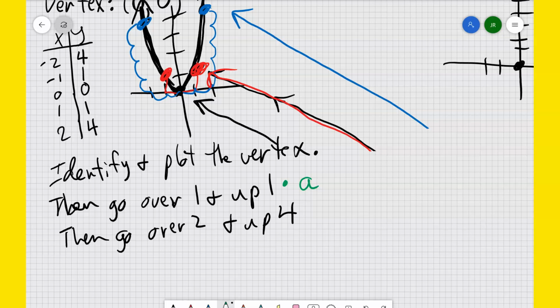And on this last line, I go up 4 times A, on each side. And that's pretty much all the steps.